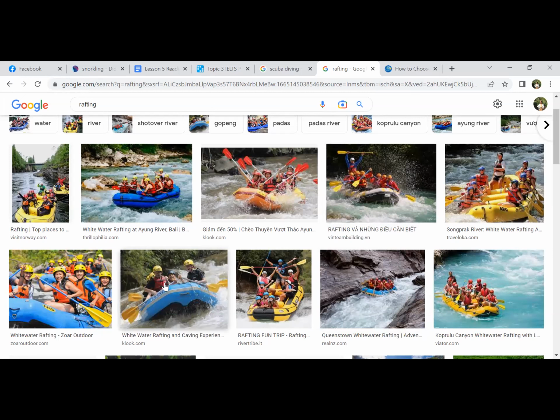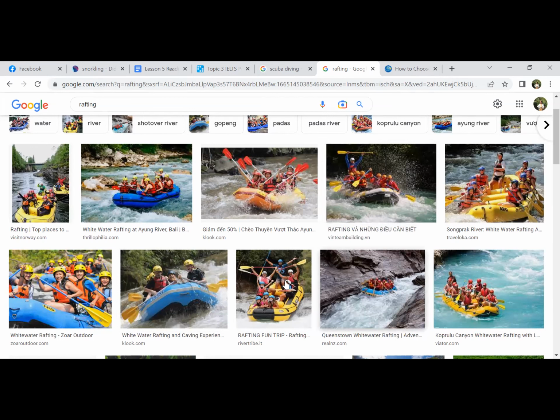It's white, right? It's white because people travel very fast, and that is why the long name of this sport is white water rafting, because water flows very fast, everybody.